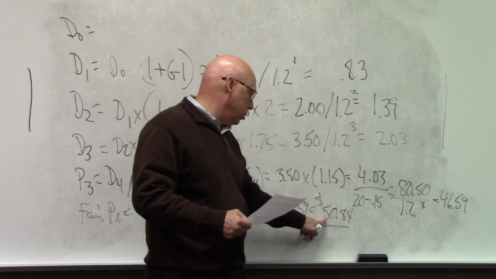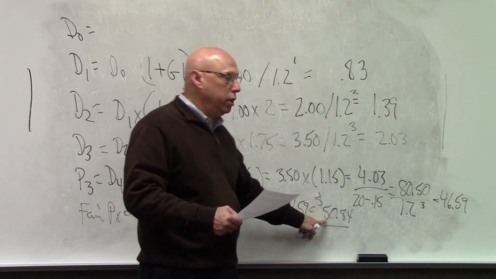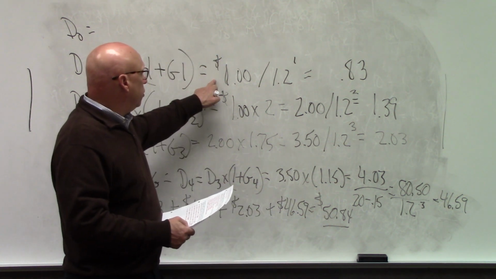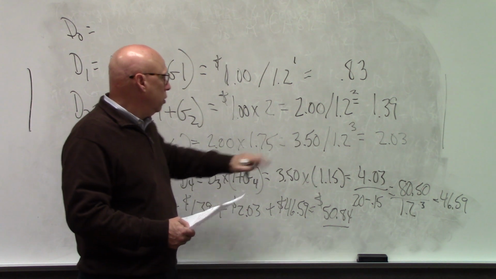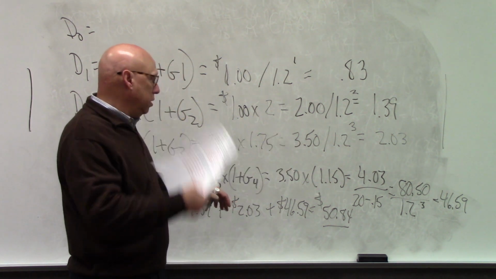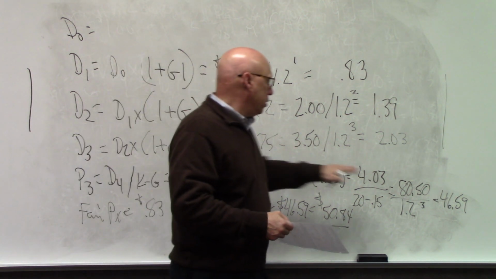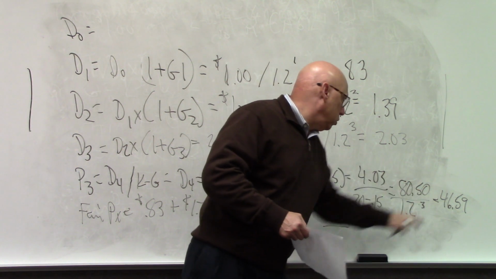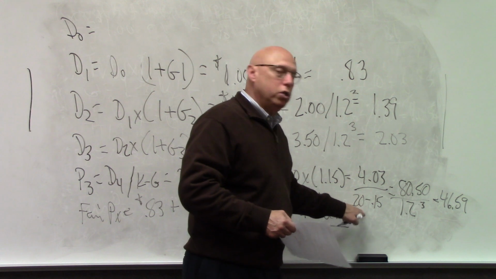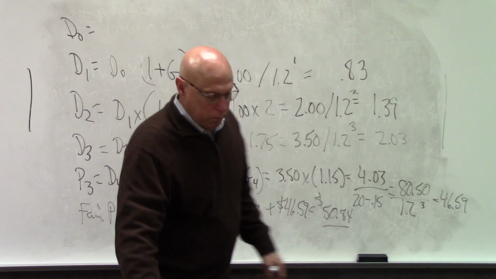If you pay $50.84, and you get $1 at the end of year one, $2 at the end of year two, $3.50 at the end of year three, and then sell the stock for $80.50 at the end of year three, then you will earn 20% a year on your investment.